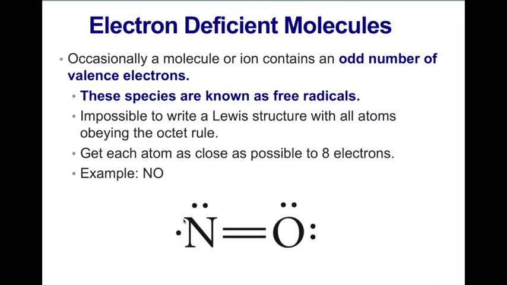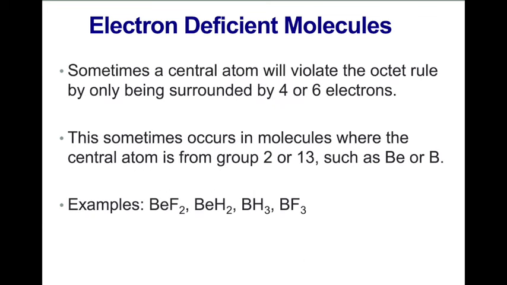One possibility is that an atom occasionally has 7 electrons. This is really commonly seen for nitrogen. Nitrogen is stable enough that it can exist with just 7. These are called free radicals whenever you have an odd number of electrons. You essentially are just trying to get that nitrogen as close to 8 as possible, and all you can get is 7.